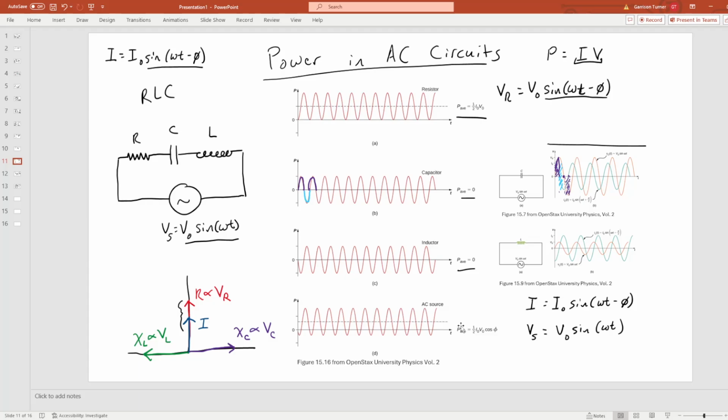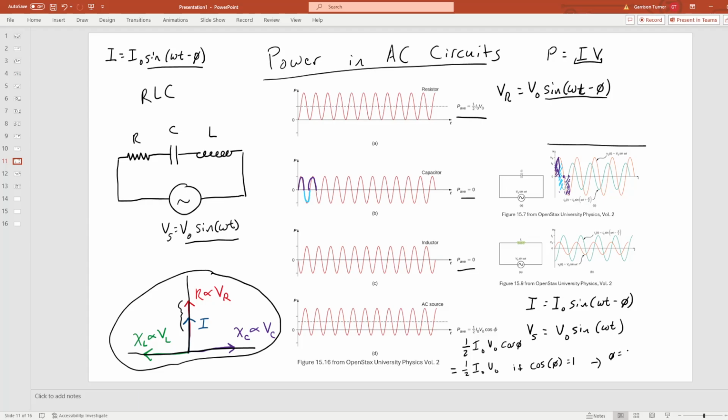Okay? So when you put all of these together, then you will have that phase angle in your calculations. And note that this reduces if cos of phi equals 1, which implies that phi equals 0.